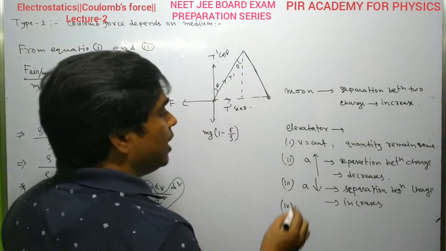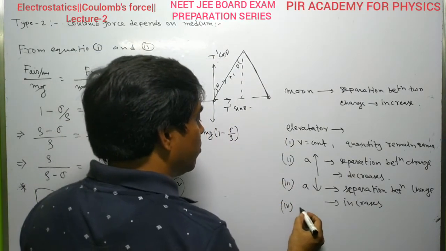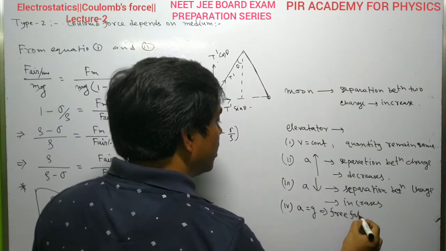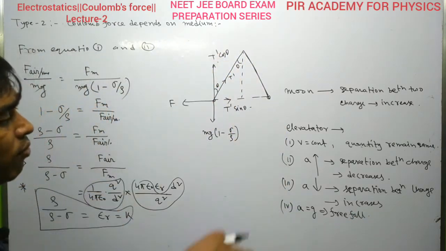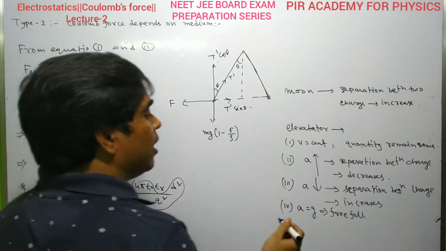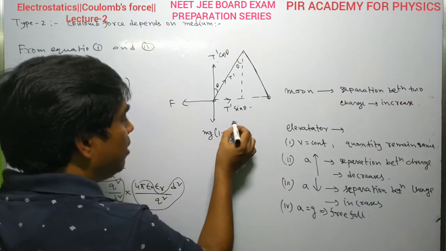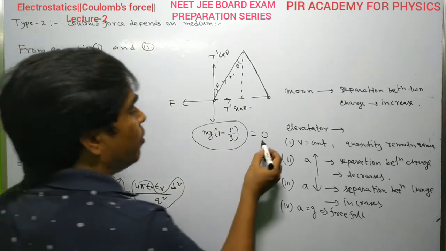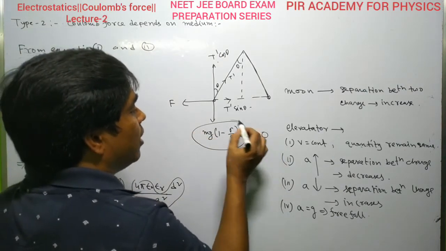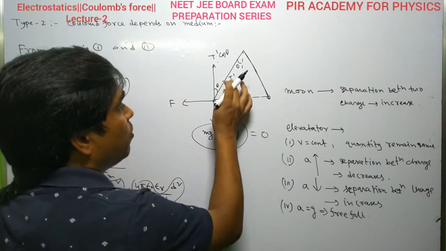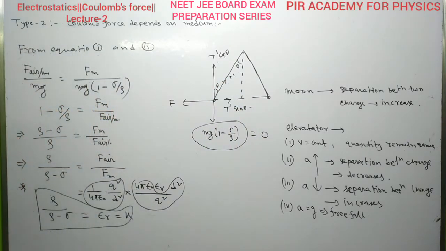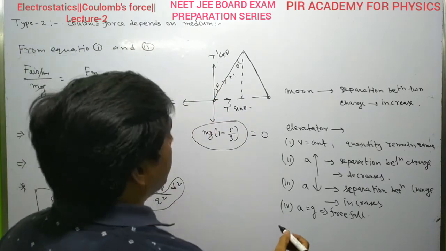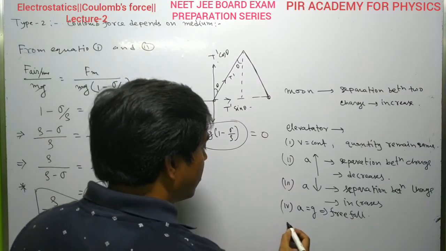Number four, if the elevator is in free fall, that means a equals g, then the apparent weight must be 0. If apparent weight is 0, then the tension along the vertical is zero, and the bobs will be horizontal, like this, with charge q and charge q.